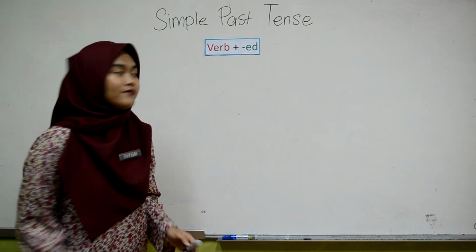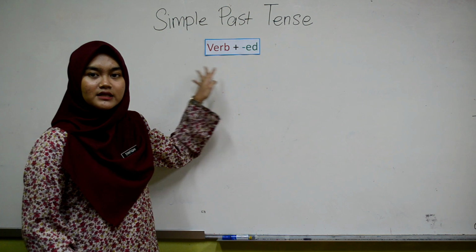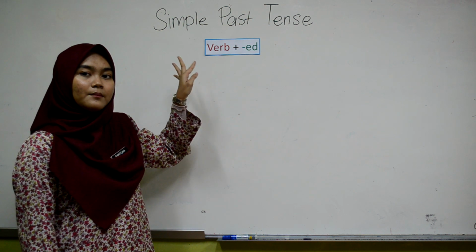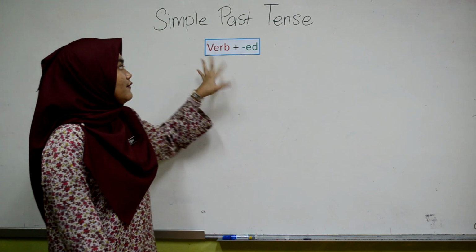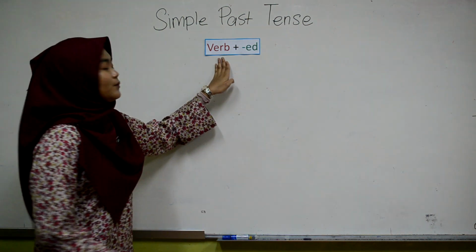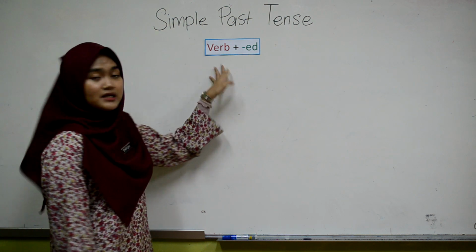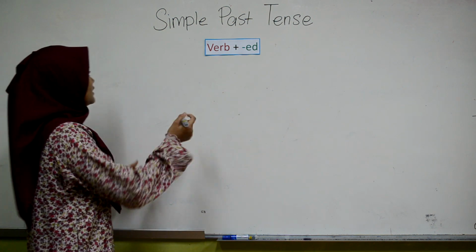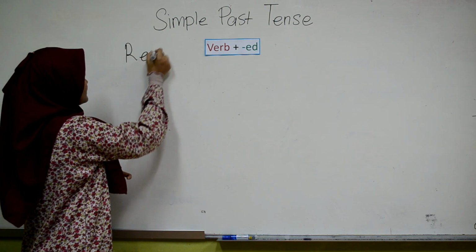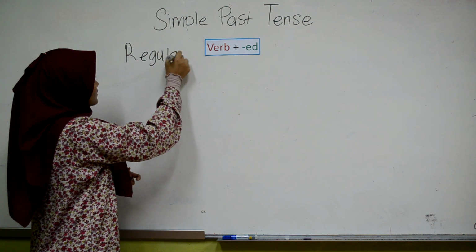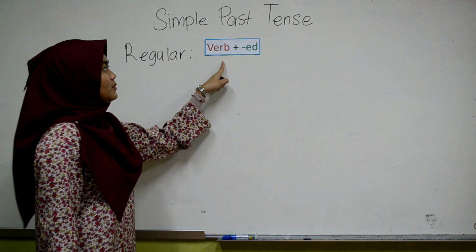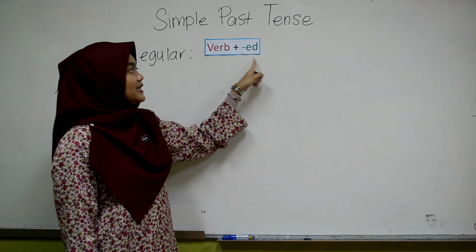So as I have already written on this whiteboard, this is the form of past tense verb. Here you put verb plus ed. So the first one is regular. I'm going to write this down, regular. The form is verb plus ed.